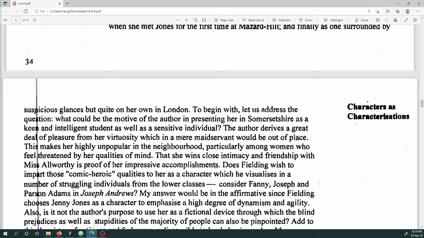Does Fielding wish to impart those comic heroic qualities to her as a character which he visualizes in a number of struggling individuals from the lower classes? Consider Fanny, Joseph, and Parson Adams in Joseph Andrews. My answer would be in the affirmative since Fielding chooses Jenny Jones as a character to emphasize a high degree of dynamism and agility.